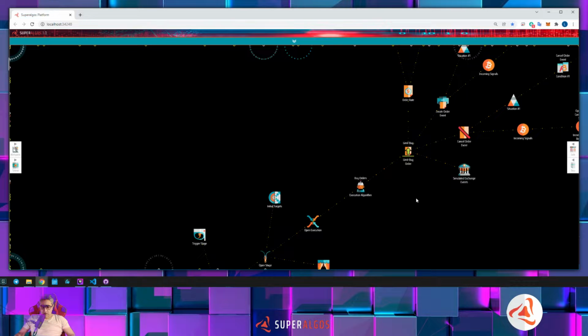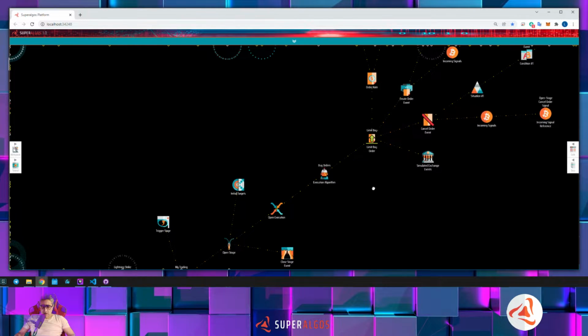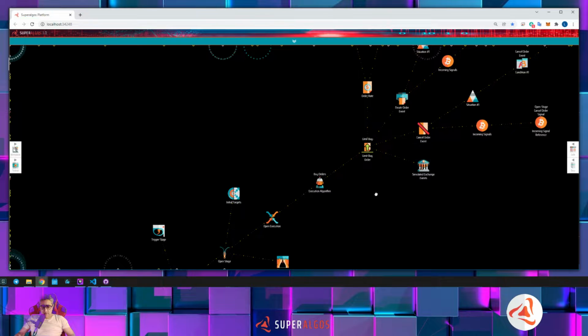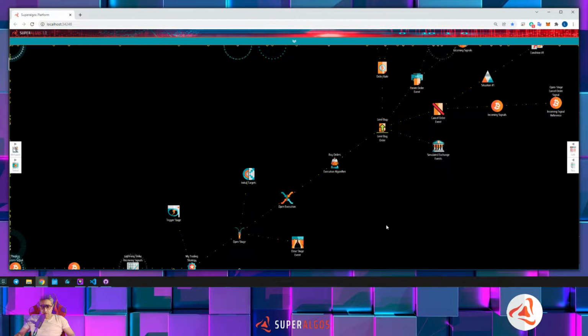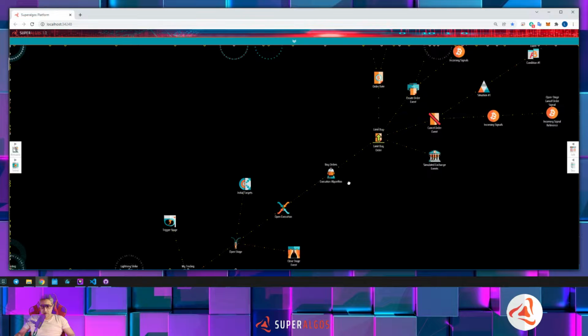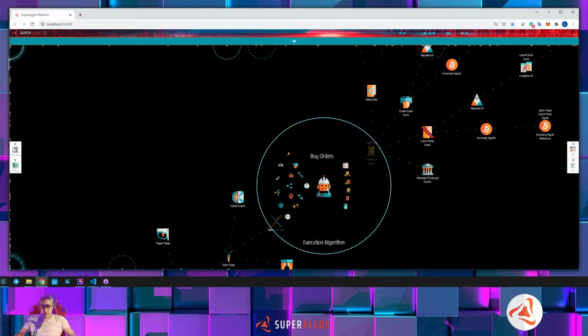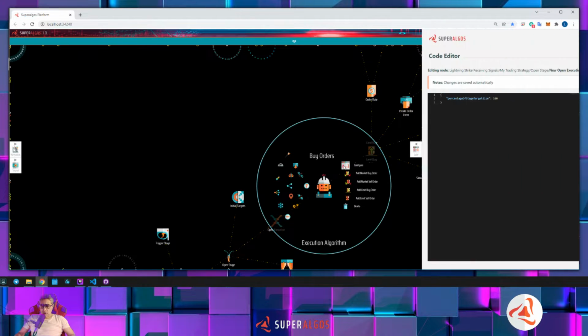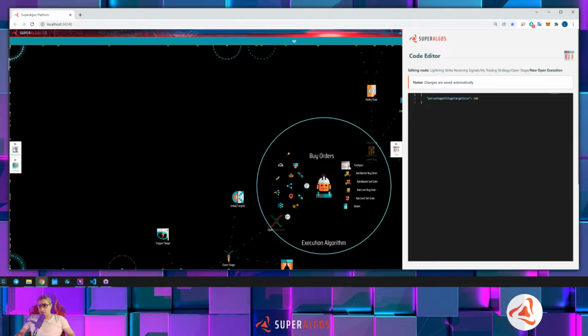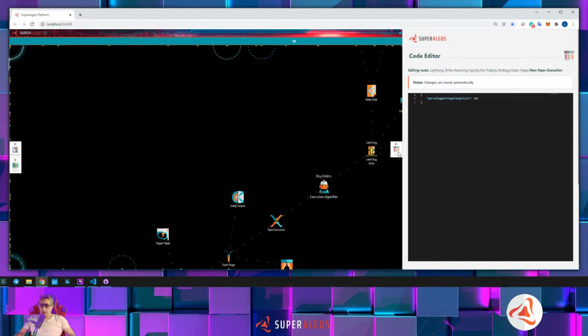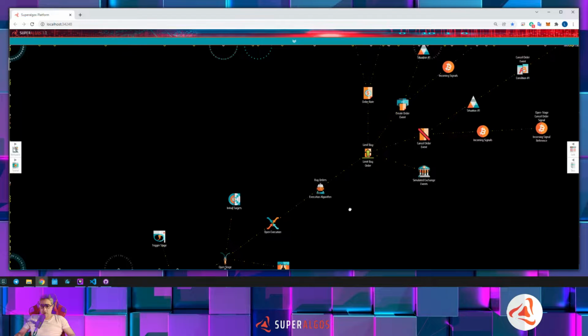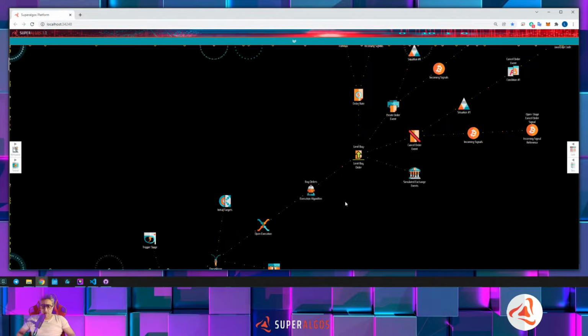So for this order here, remember we can have algorithms, but the algorithms themselves are not reflected in modules here, because an algorithm is just a way to define how we are going to split the target size between a group of orders. So there is nothing to execute at the algorithm level.